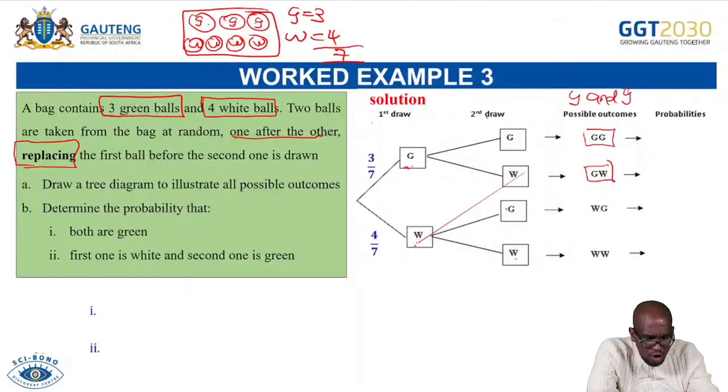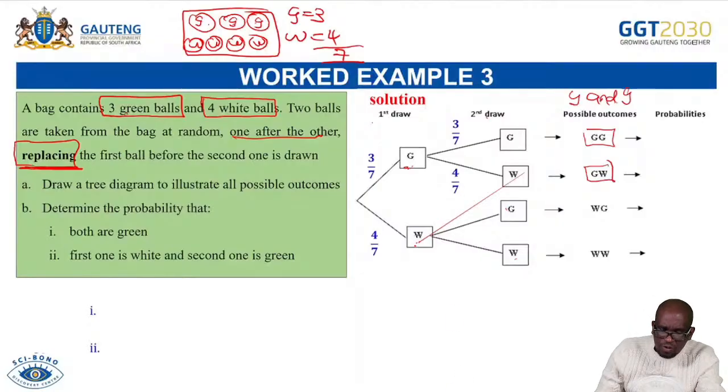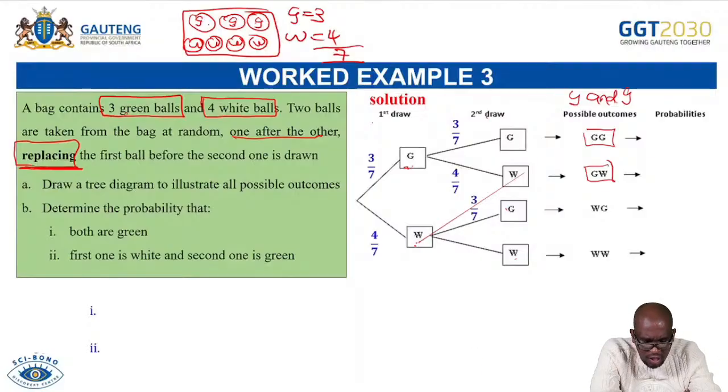For the second draw, because you replaced the ball, it would be 3 still for green and 7 in total. The probability of drawing a white is still 4 out of 7. If the first one was white, the probability that the second one would be green is 3 upon 7. If the first ball was white, the probability that the second one will also be white is 4 upon 7.